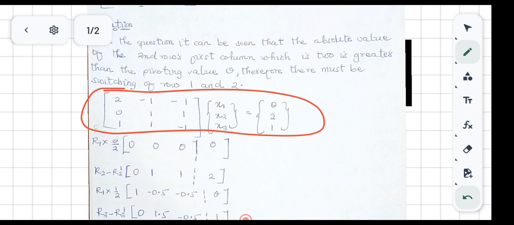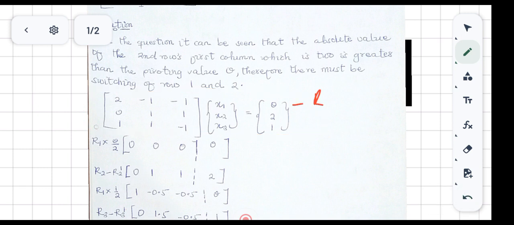So now this represents row 1. This becomes our new row 2, and this becomes our new row 3. Then you follow the algorithm. We now want to cause the value below the pivot element to go to 0.